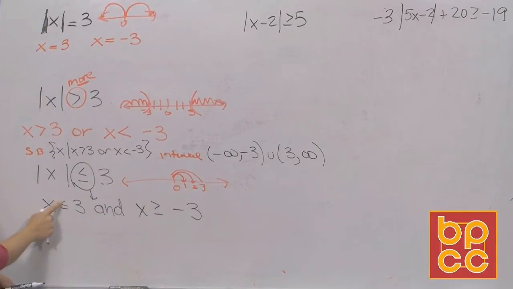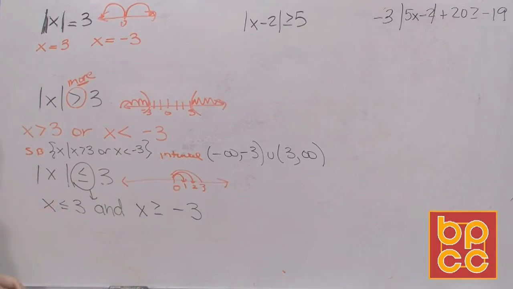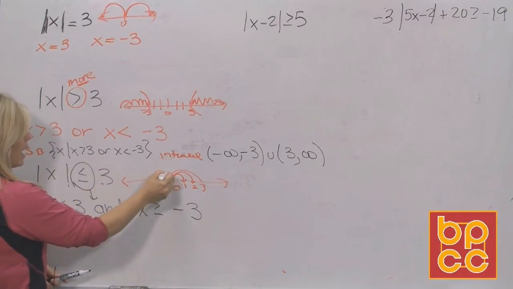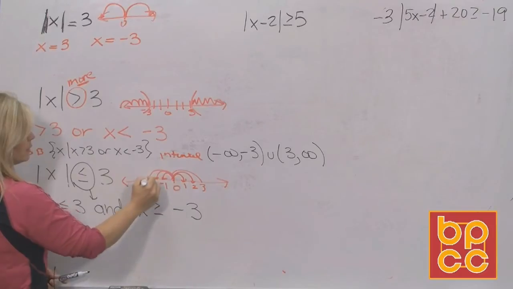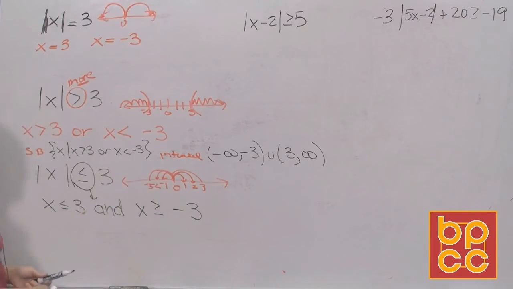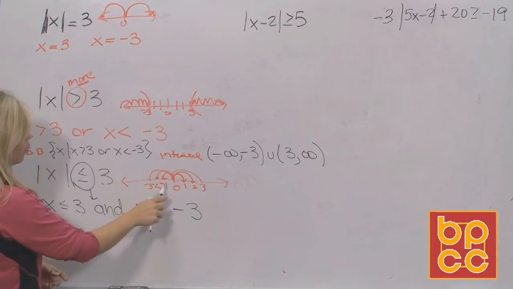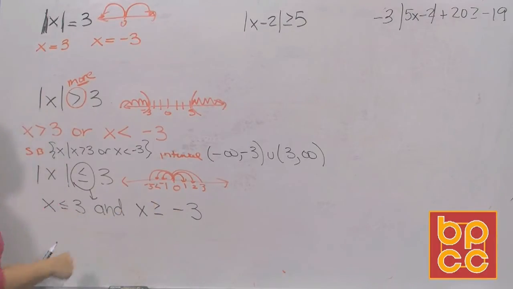Go to the numbers that are less than or equal to 3. But I also can move to the left. And if I move to the left a distance that's less than 3, I can go to -1, -2, -3. Those are all distances I'm less than 3. Well, -1, -2, and -3 are not less than -3, they're greater than.